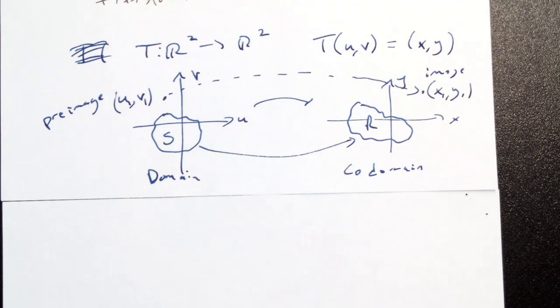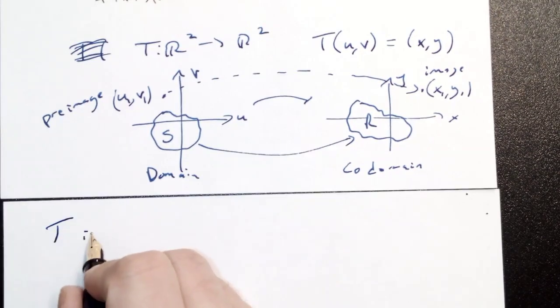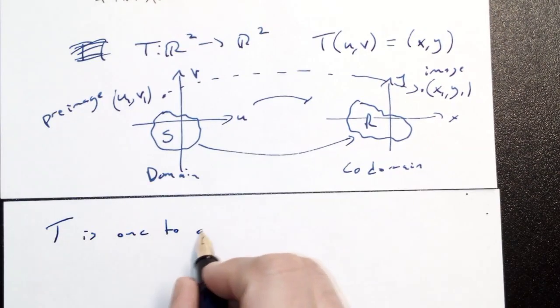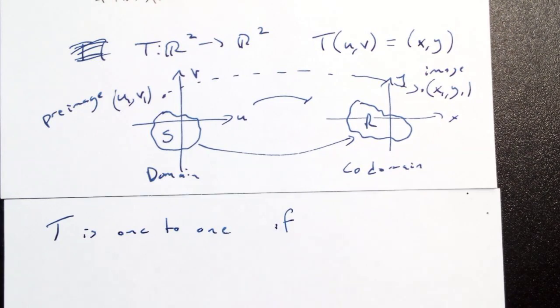We'll do some more examples. We'll do some more discussion. I need one other specific piece of information. What does it mean for a function to be one-to-one?